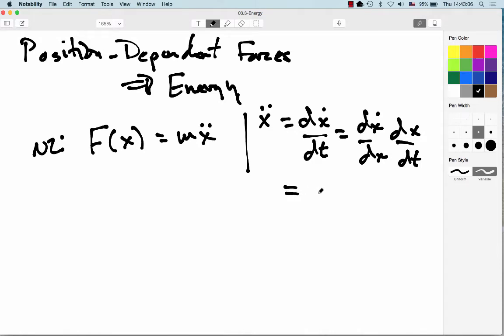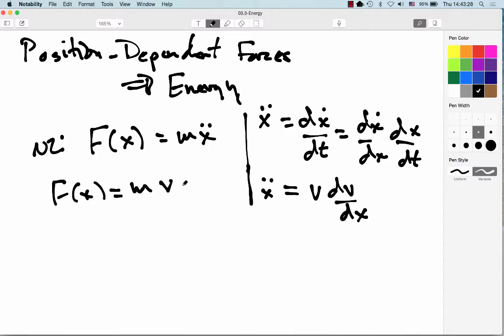So I can rewrite this as v, since x dot is v, times dv dx. Turns out to be a darn handy trick, and one that we'll keep exploiting. So we can rewrite our Newton's second law as F of x equals m v dv dx. Now what this does ultimately is relate the velocity to the position. So getting the time behavior out can be a little tricky if you need that, but at least it's a good start.